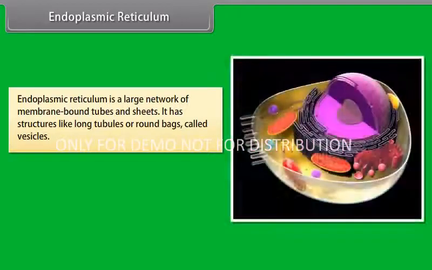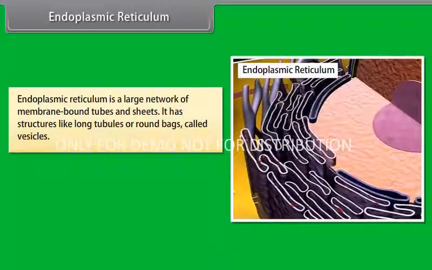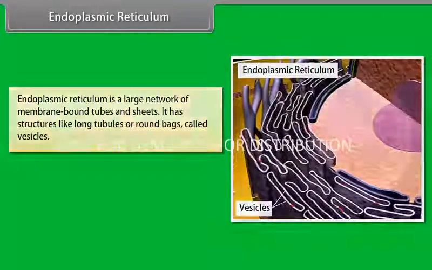Endoplasmic reticulum. Endoplasmic reticulum is a large network of membrane-bound tubes and sheets. It has structures like long tubules or round bags called vesicles. On the basis of presence of ribosomes, they are of two types: rough endoplasmic reticulum, RER, and smooth endoplasmic reticulum, SER.